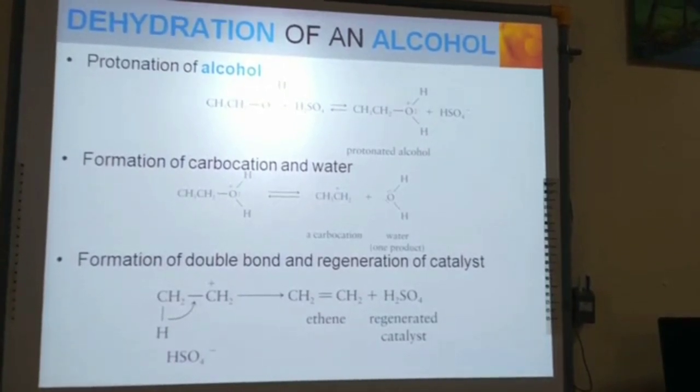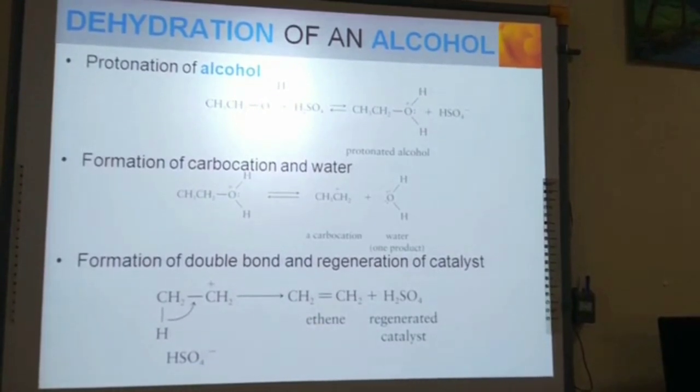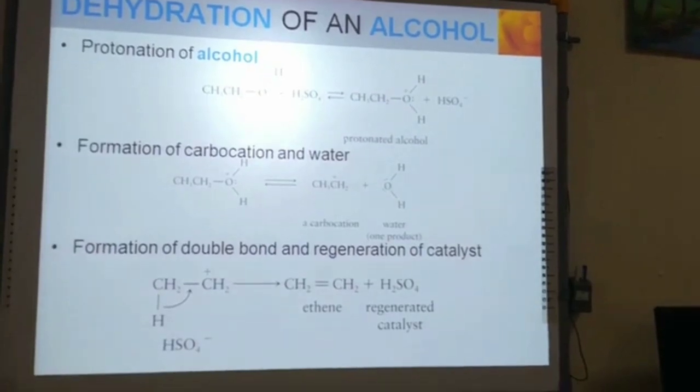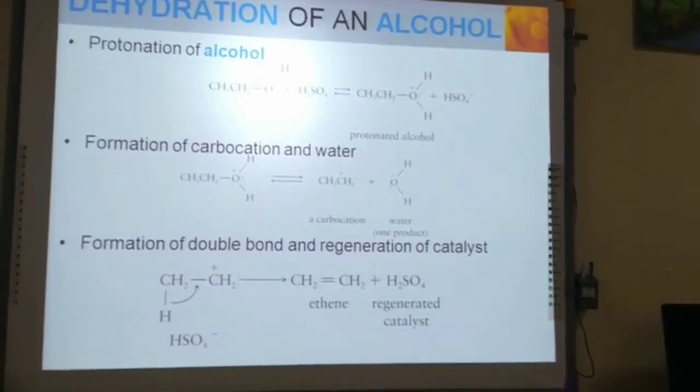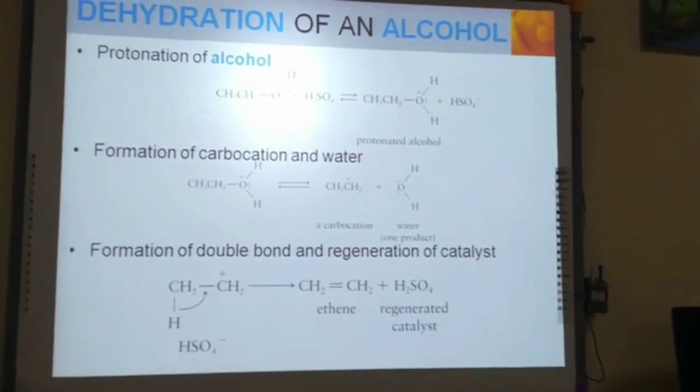Now in the third step, this carbocation loses H positive ions in the presence of hydrogen sulfate, and we get the corresponding ethene along with the formation of H2SO4. In this reaction, H2SO4 not only initiates the reaction but also acts as a catalyst.